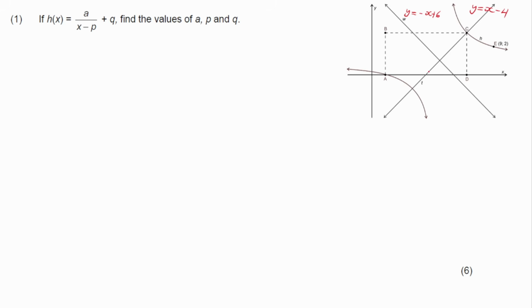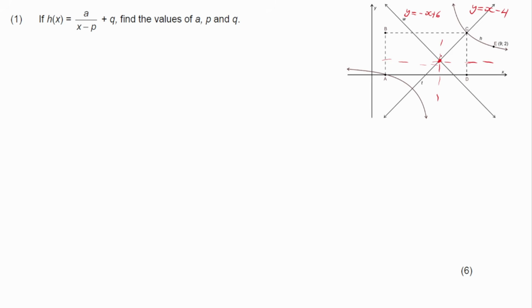So we should remember from our theory that this point of intersection between the axes of symmetry is important, because the axes of symmetry intersect at the point where our horizontal asymptote and our vertical asymptote intersect as well.